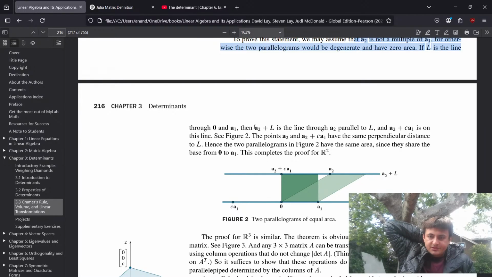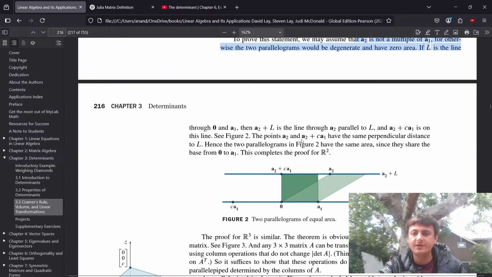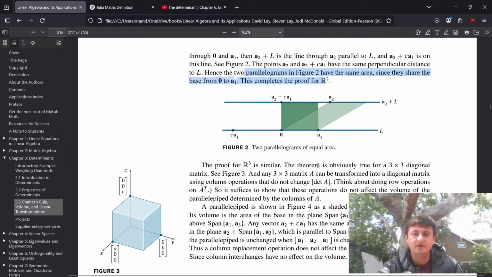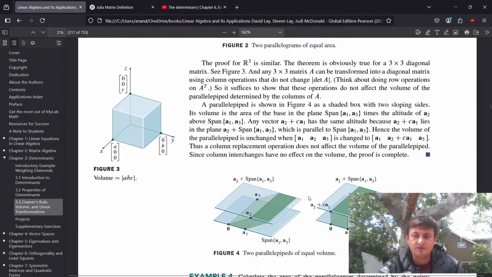And A2 plus CA1 is on this line. The points A2 and A2 plus CA1 have the same perpendicular distance to L. Hence the two parallelograms have the same area since they share the same base. Okay, fine. A simple geometric argument.